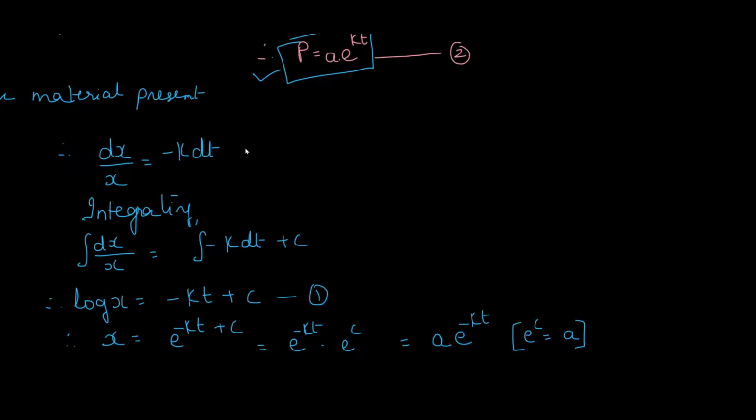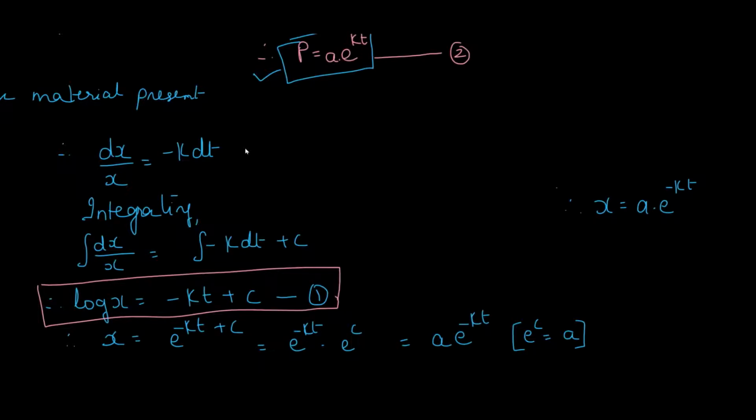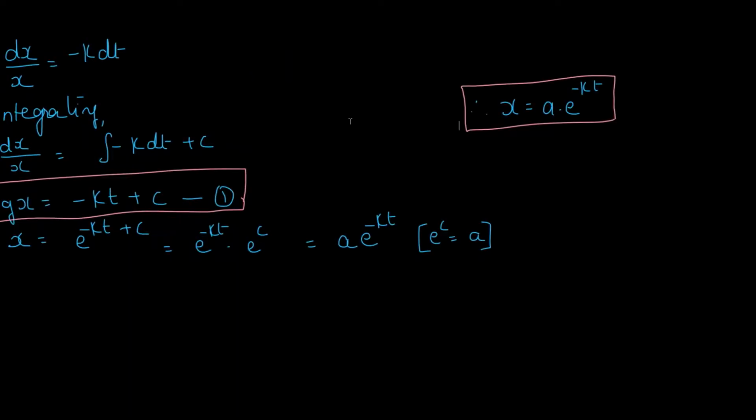So the exponential form becomes x is equal to a into e raised to minus kt. So in both growth and decay, we get two very similar equations, which we will be using in various different situations. We can use these two equations not only for radioactive decay, but for any other depreciation problem.